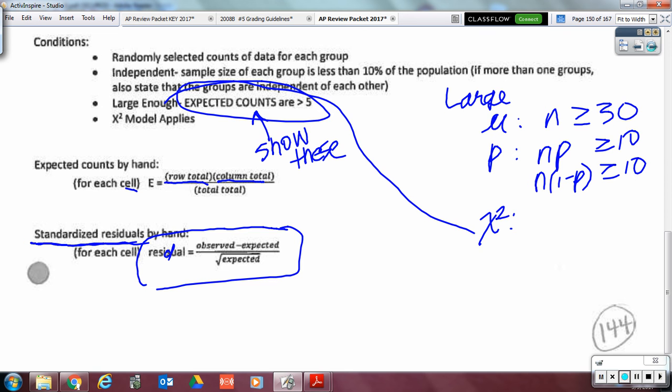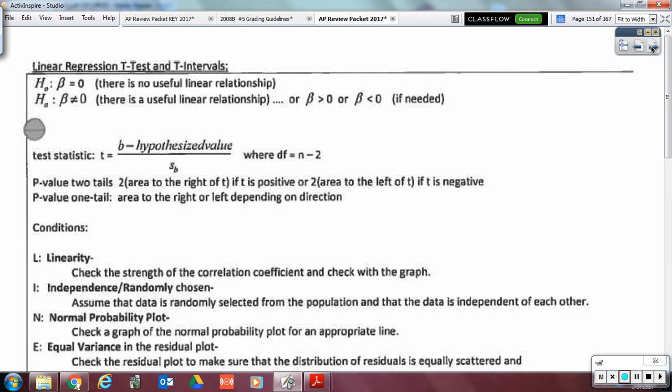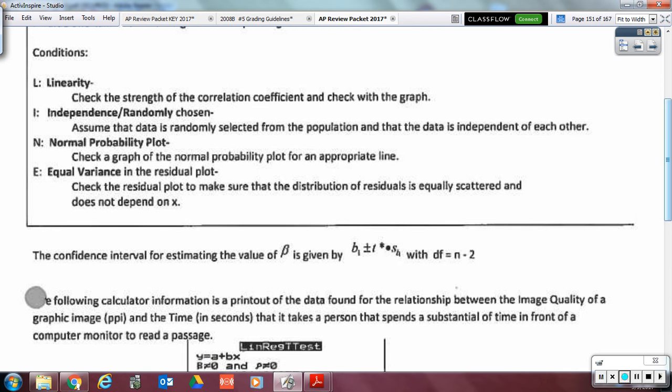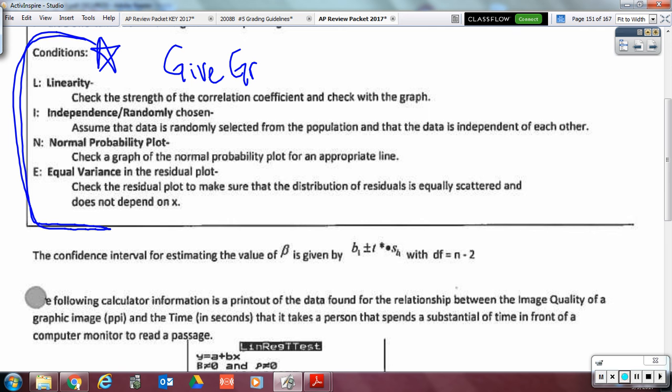Okay, now, linear regression t-test. About all I want to point out on this for you is let's review our conditions. Remember, these ones are pretty crazy, but if you have to do this as a free response, they will most likely give you the graphs. We're just going with that they're going to give you the graphs.